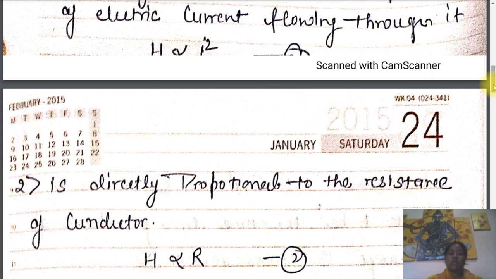Secondly, the heat energy generated in an electrical circuit is directly proportional to the resistance of the conductor.